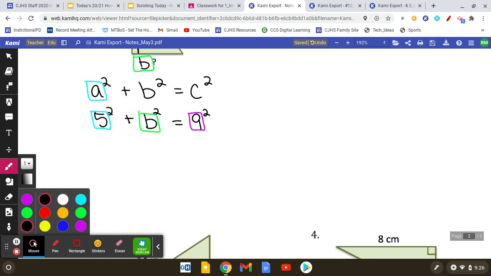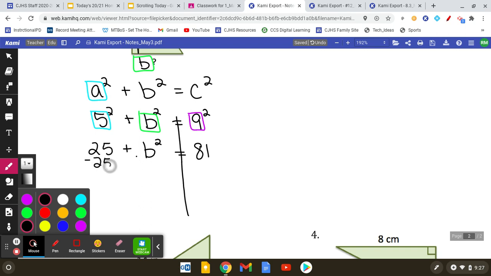Now we're ready to solve it. What's 5 times 5? 25, good, plus B squared, equals, what's 9 times 9? 81, good. Now I'm trying to get this B by itself, so what can I do with this 25?